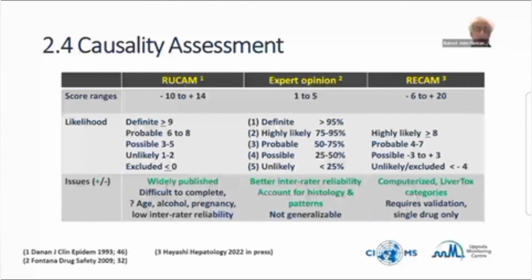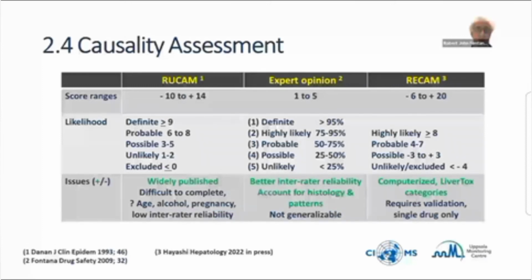You can see that these instruments have various numerical scoring ranges: -10 to +14 on the RUCAM, -6 to +20 on the RECAM, and then the Expert Opinion is a simple 1 through 5 hierarchy of definite, being greater than 95% probability, to less than 25% in a given case.